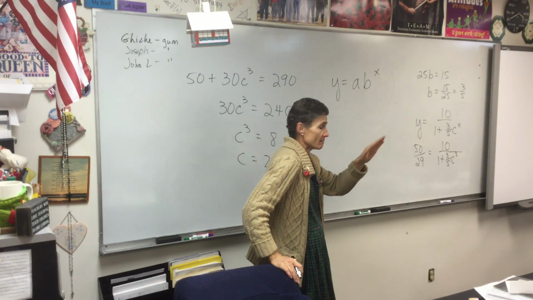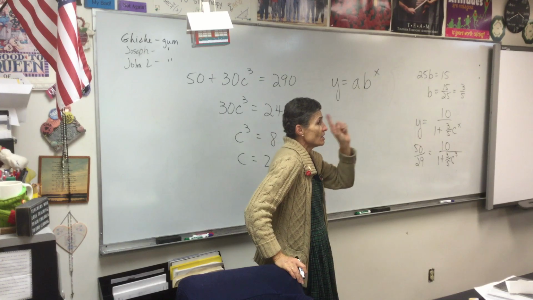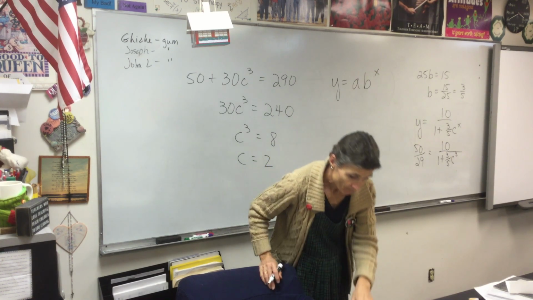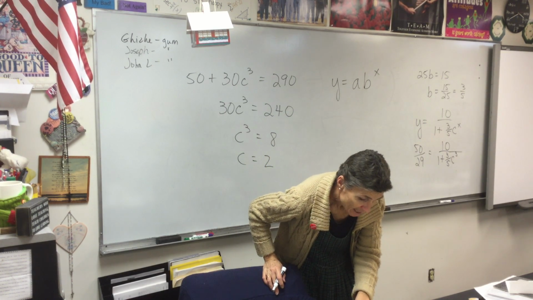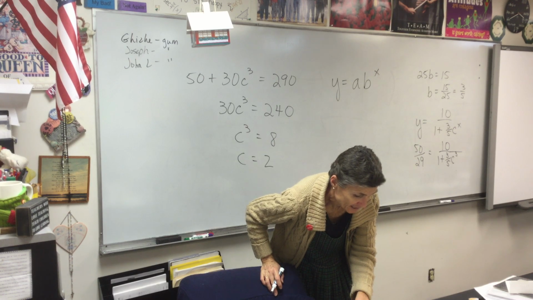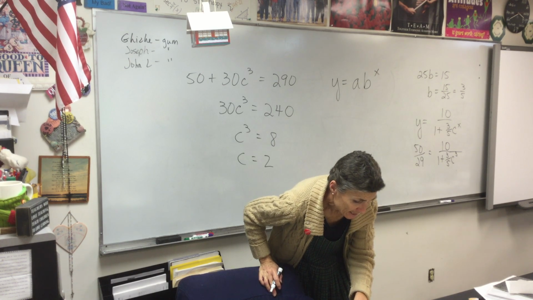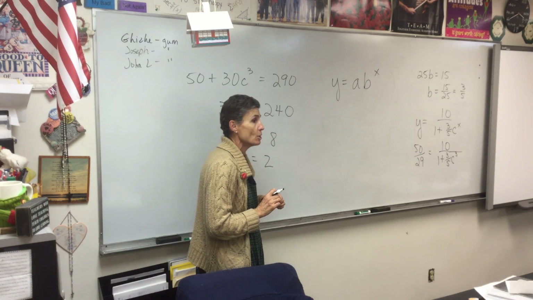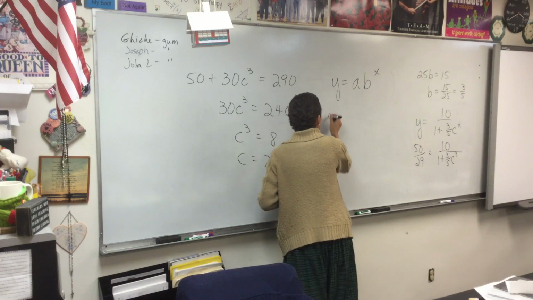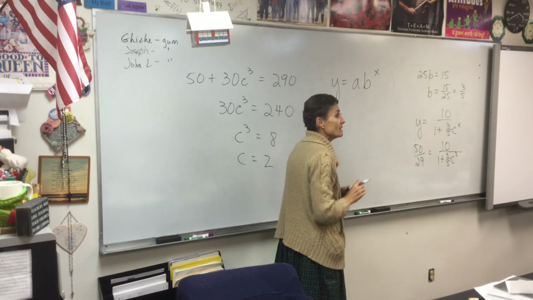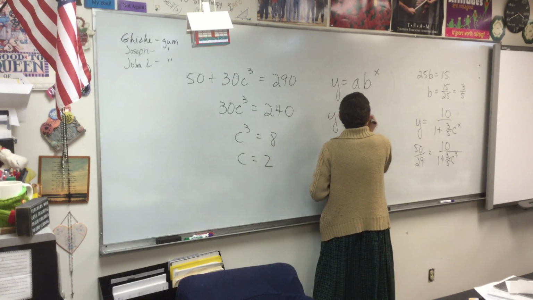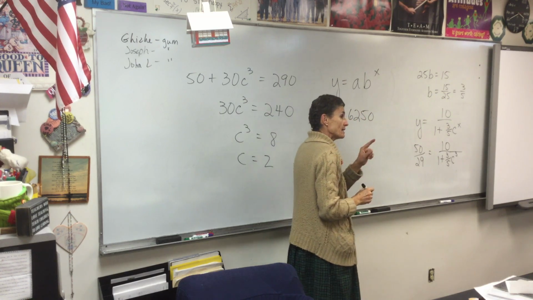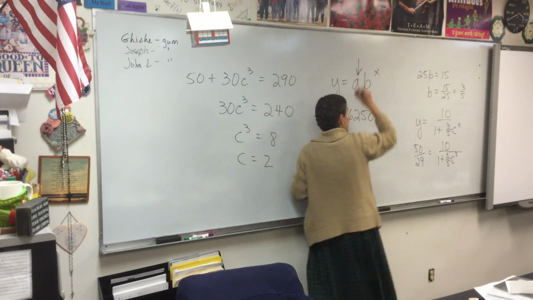Forget the A and the B, the questions. Forget those for a minute. Write me an equation that talks about an initial population of 6,250 and an increase of 2.75% per year. What would that equation look like? Y equals what? 6,250, because we talked the other day, kids, what is A?